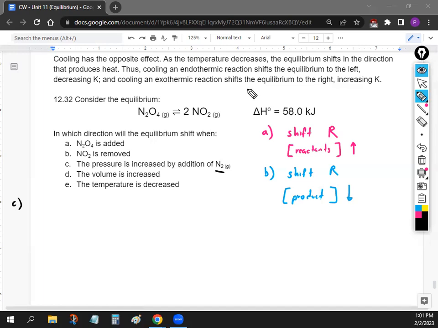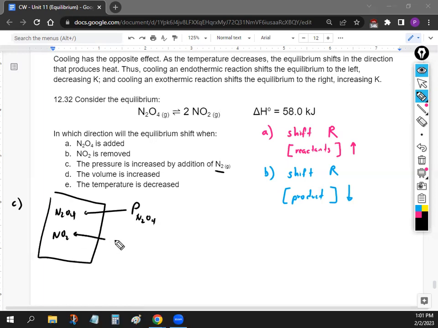Basically, if you have a system with some amount of N2O4 and some amount of NO2, they have their own partial pressures: the partial pressure of N2O4 and the partial pressure of NO2. Now we're going to add some N2. What happens to the pressure? It goes up.